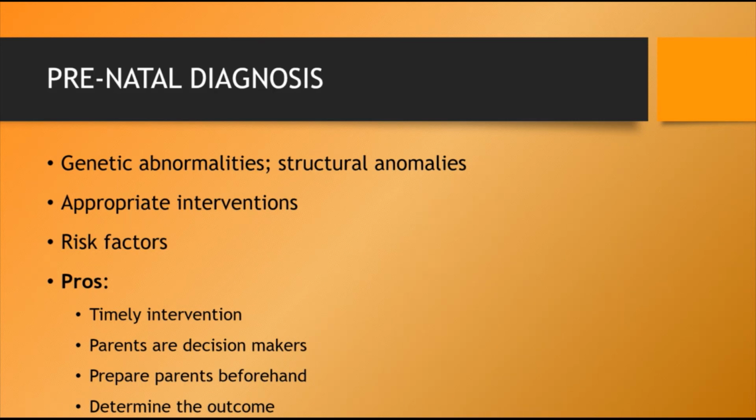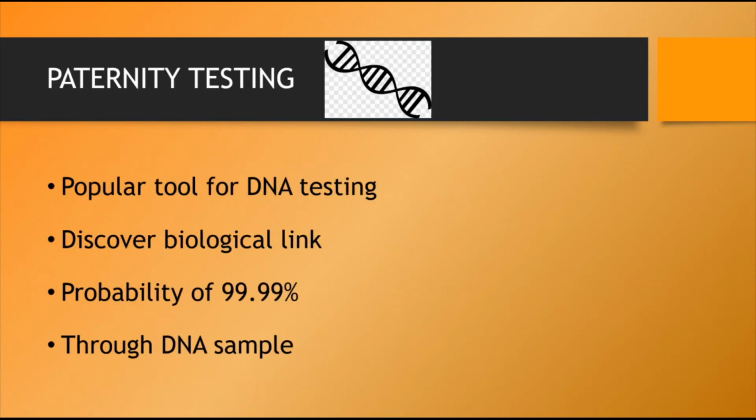Thus, this process generally helps the parents to make a very informed choice, because to some extent it is also preparing them socially, financially, medically and psychologically, because the baby could possess some form of developmental challenge, right? So they're informed beforehand that this could be the consequence, and so they have to take their own decisions. And in a way, we are also determining the outcome of a pregnancy, right?